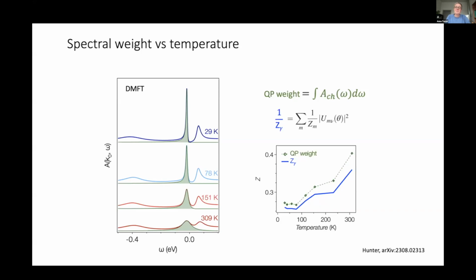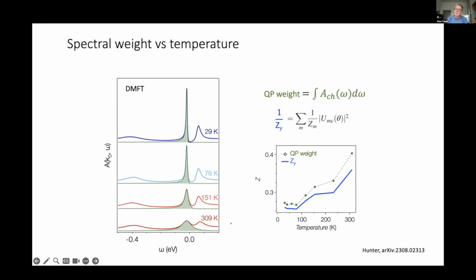We tested this by looking at the DMFT spectral function, where there are no experimental issues or artifacts. So these are spectra calculated by DMFT at a particular point at the Fermi surface, where you would have three contributions from the alpha, the gamma, and the beta band. And we look at the peak that derives from the gamma band, and we fit an error range around the peak to extract the quasi-particle weight.